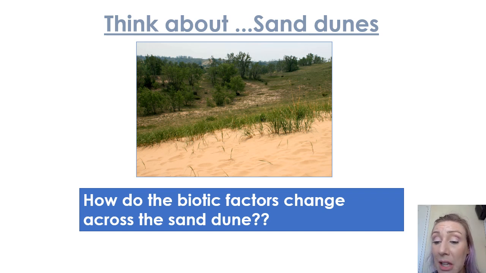If you're adapted to live on the bare sand, you've got very little competition, so you might think it's quite a good place to live. We'll think about the abiotic factors in a minute. As you move inland, the biotic factors change because you've got more and more plant species, so there'll be more competition for light, for mineral ions in the soil, etc. So both biotics and abiotics will change when you go across the sand dune.